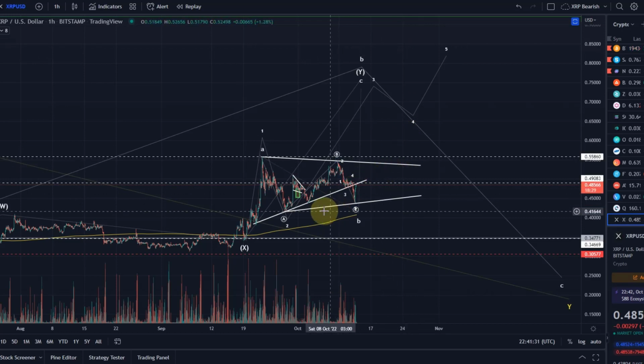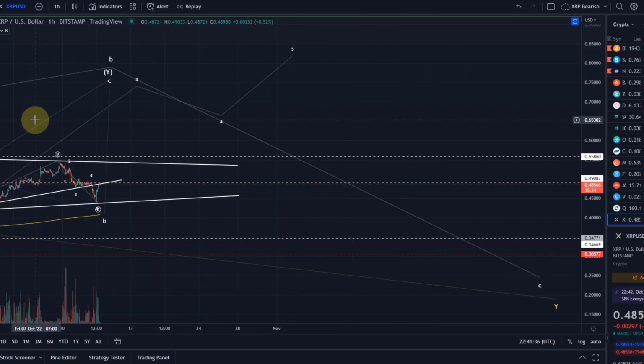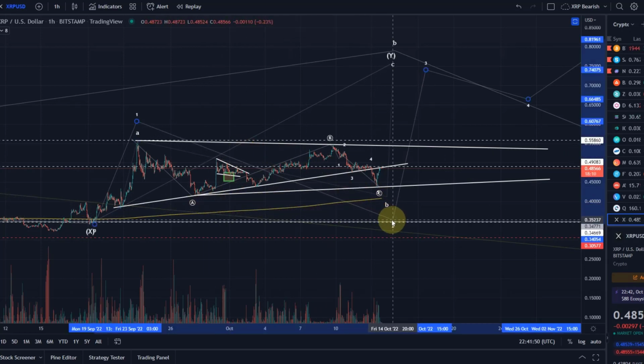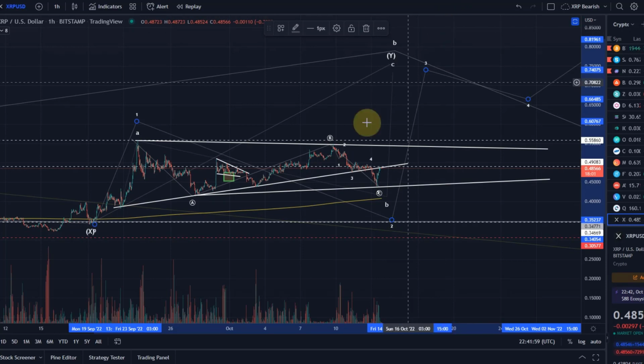But important for this is that we are holding the swing low here, what I have labeled as wave A low or wave 2 low, depending on which scenario we look at. So we need to hold the 41 and 41.7 cent level. Now if we don't, then we can always reset the wave 2 here, and then we have a B, C in a wave 2, and then we have still another chance to move up, as long as we're holding the 38 cent level, which is this swing low from the 21st of September.